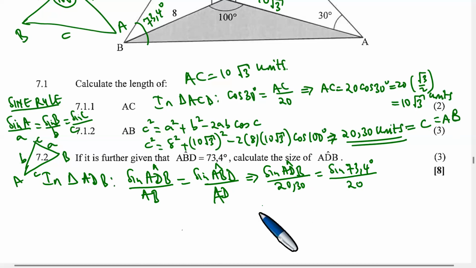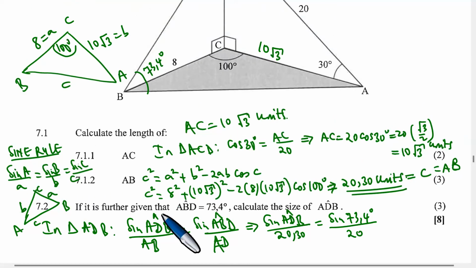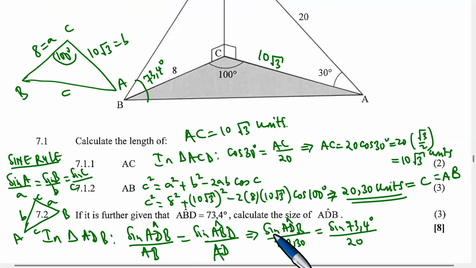Where do we take 20,30 from? That's a good question. 20,30 is the length AB.